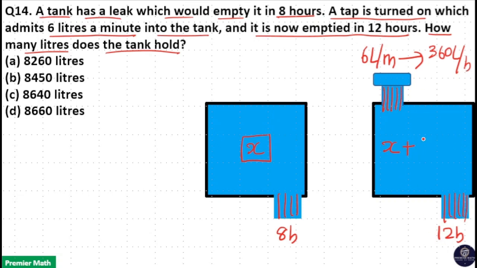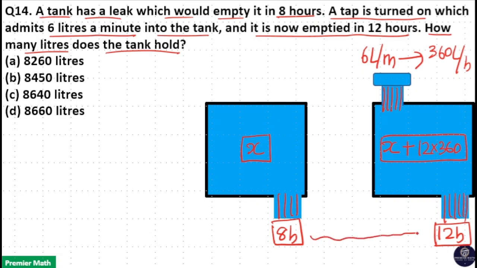So in 12 hours, 12 into 360 liters of water is filling by this pipe. So in 12 hours X plus 12 into 360 liters of water is emptying by this leak. In 8 hours X liters emptying. In 12 hours X plus 12 into 360 liters emptying.